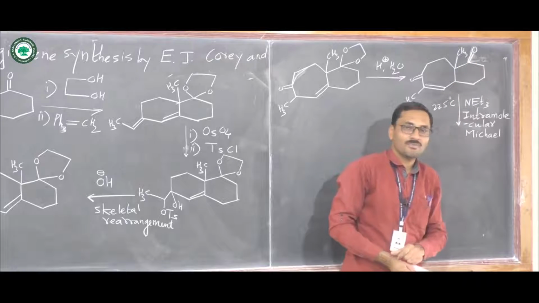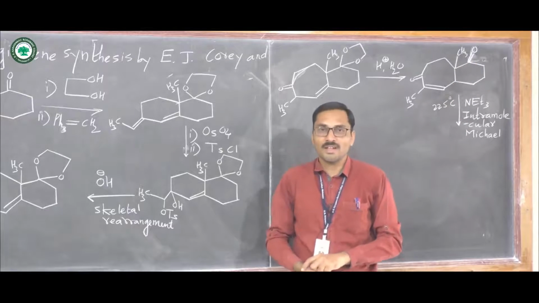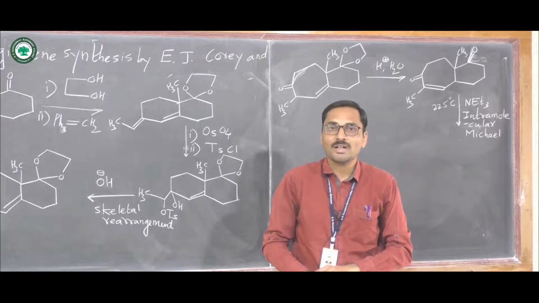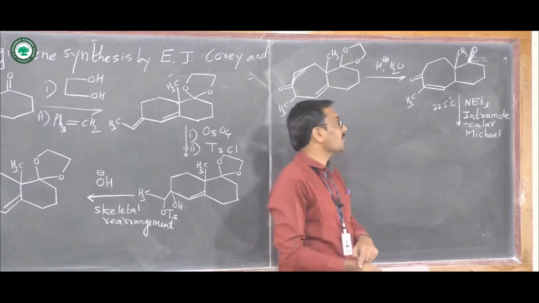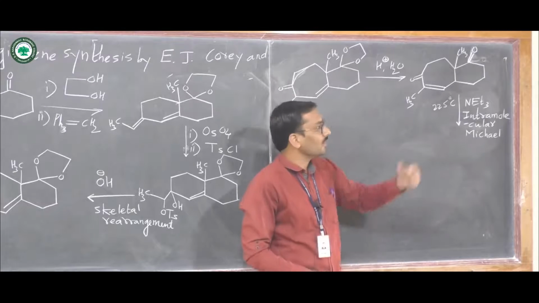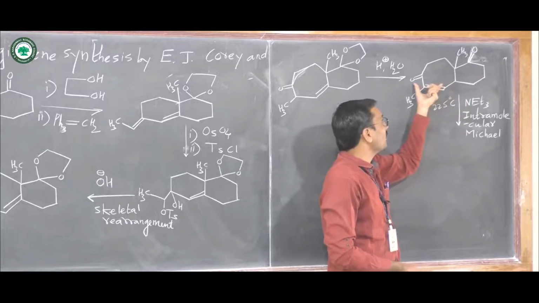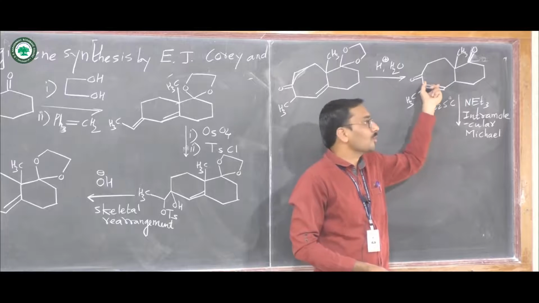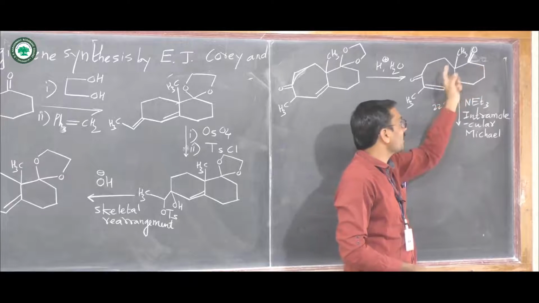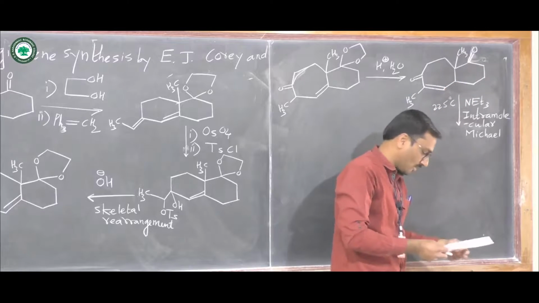As we know, in a Michael addition reaction, a carbonyl compound reacts with an alpha beta unsaturated carbonyl group. So in the same compound, here we have a carbonyl group and here we have an alpha beta unsaturated carbonyl group. So this carbon reacts at this particular position.